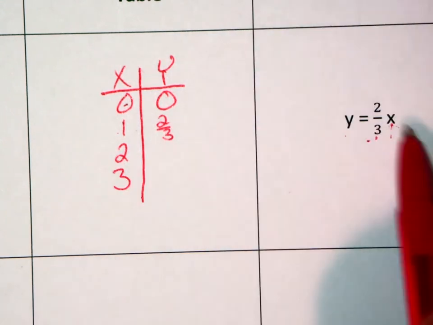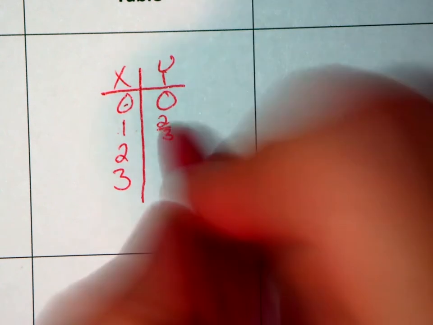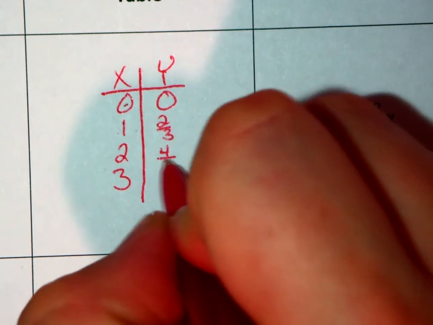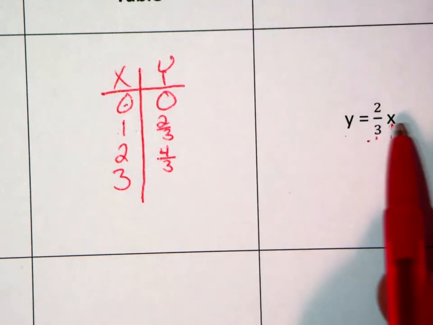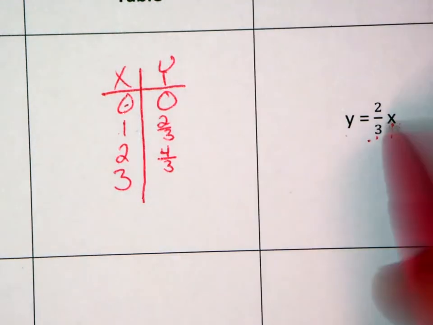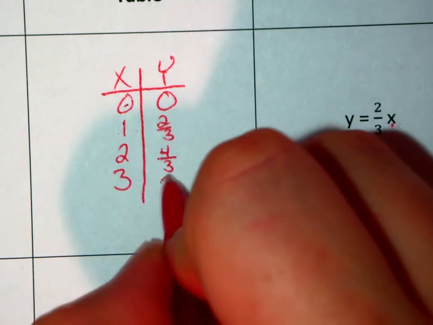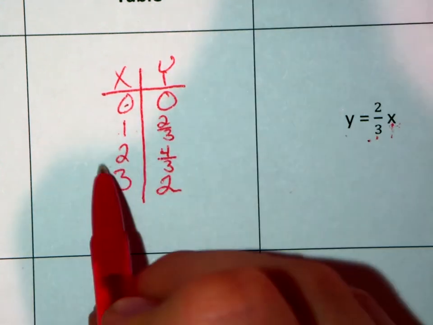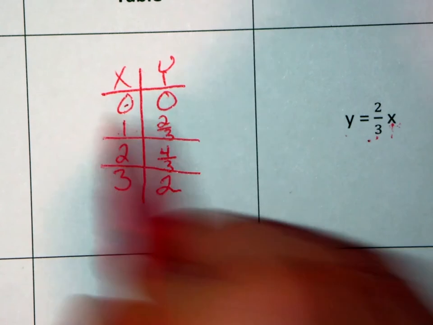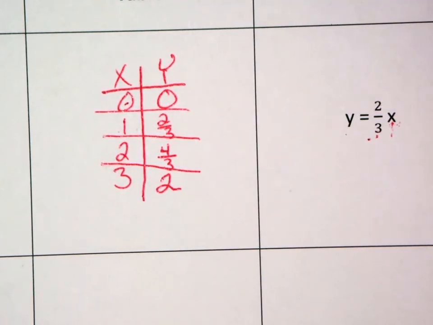Now we can plug in 2 for X. 2 times 2 is 4 over 3. Now we can plug in 3 for X. 3 times 2 is 6 over 3. Well, 6 over 3 reduces because we know that 3 will go into 6 2 times. So my solution is 2. And if you needed to go ahead and add lines to that chart so that you separated your data since we had some fractions, I'm quite okay with that.